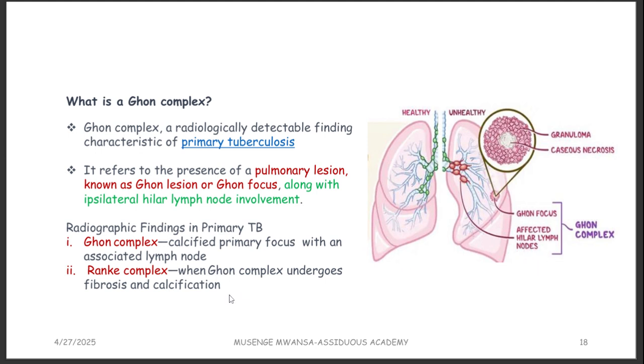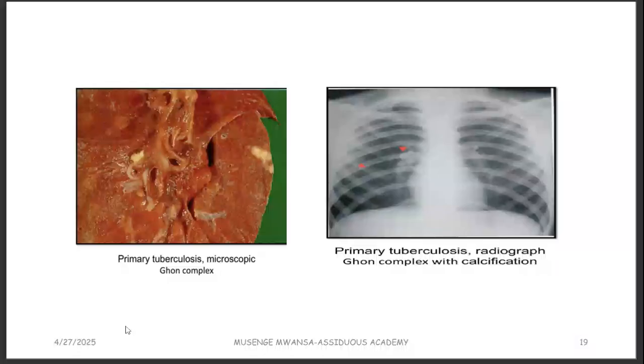Okay. On radiographic findings in primary TB, you have got the Ghon complex, a calcified primary focus with an associated lymph node, and also there's a Ranke complex. So when the Ghon complex undergoes fibrosis and calcification, then we call that a Ranke complex. Okay.